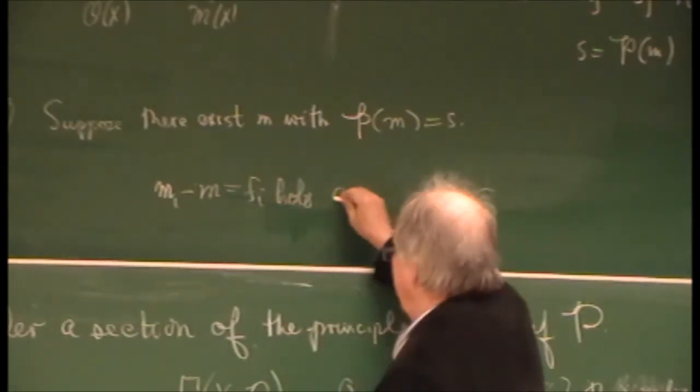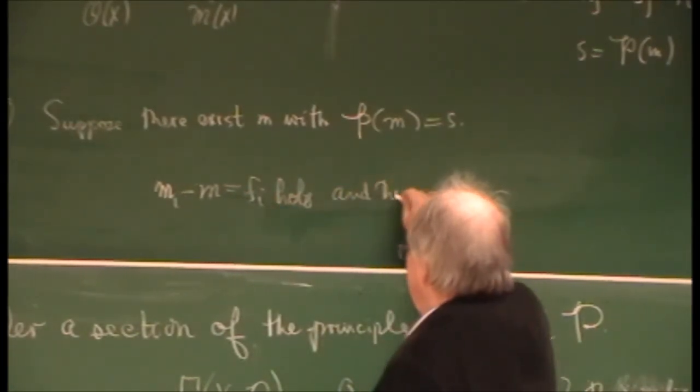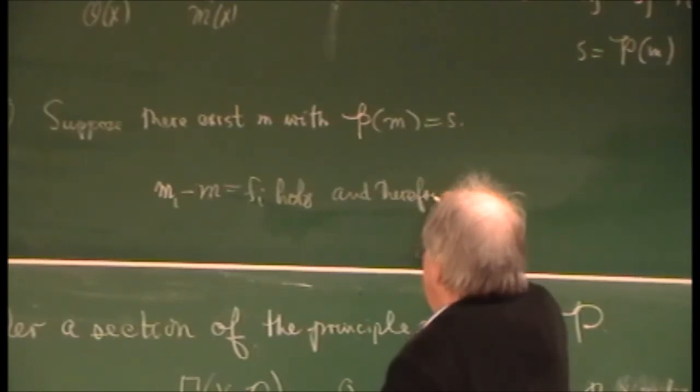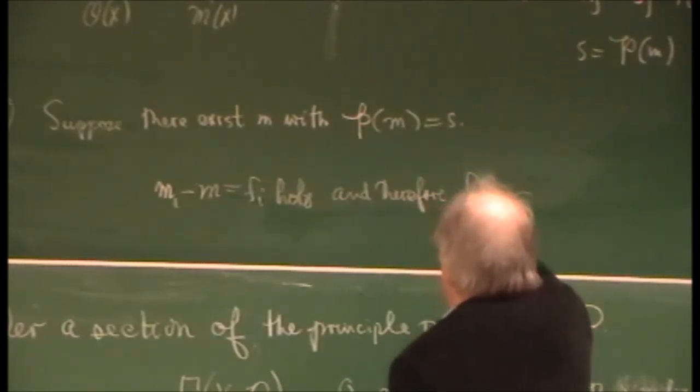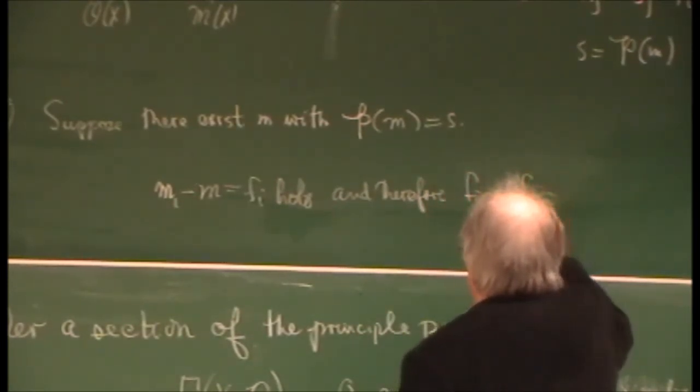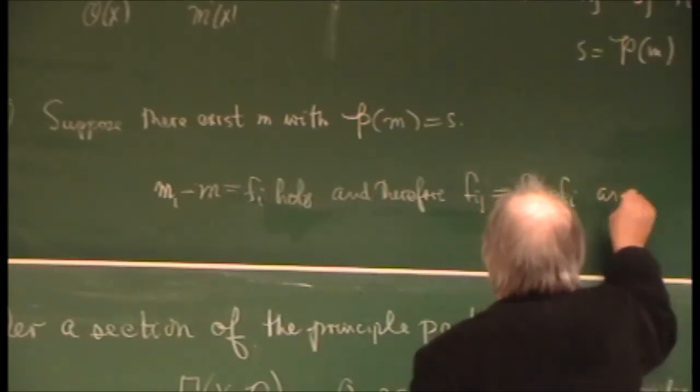And therefore Fij equals Fj minus Fi, as above.